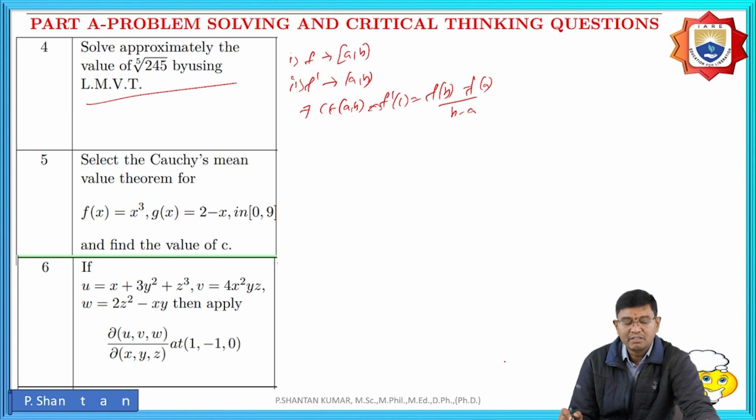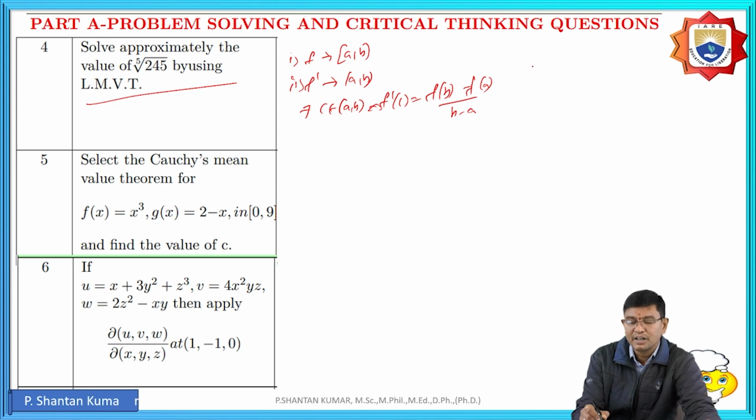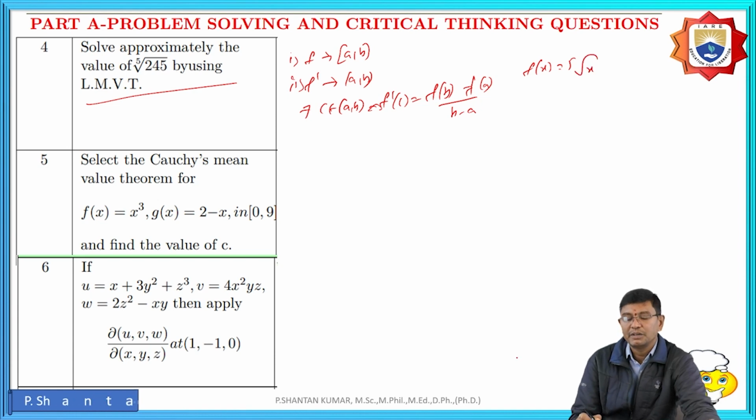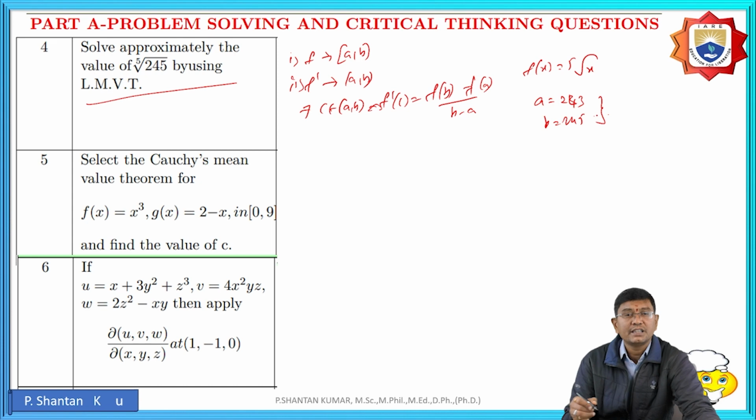In this function, f of x is treated as root of x. Based upon this, we assume a is 243 and b is 245, and based upon the nearest value we find the solutions. Then there exists c belongs to a comma b.